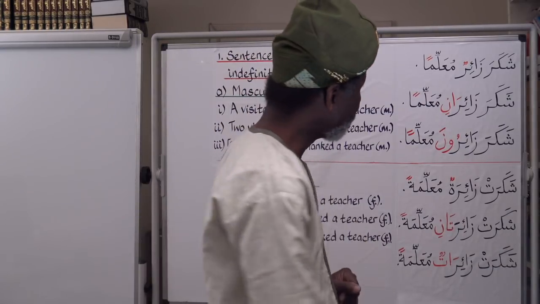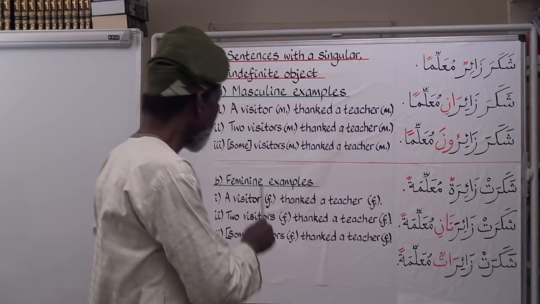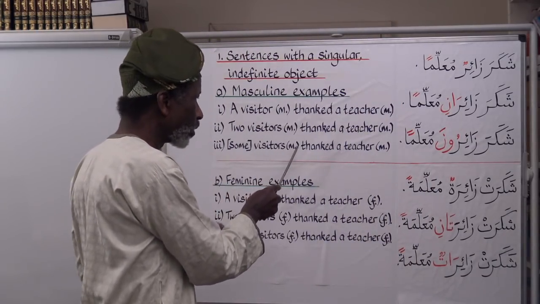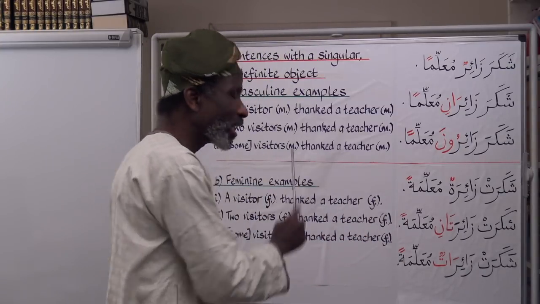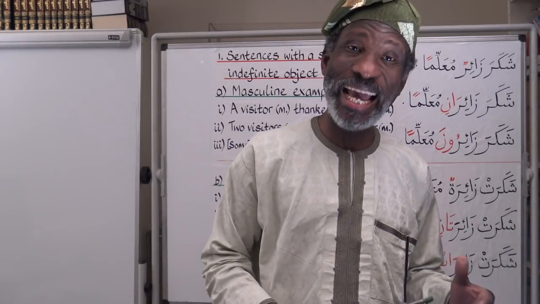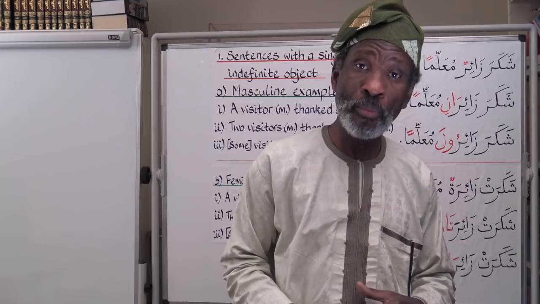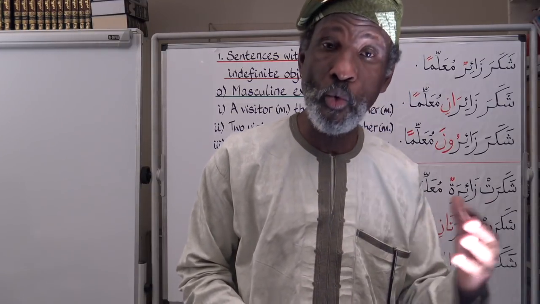The third line, Shakara Zairuna Mualliman. Some visitors, meaning three or more, thanked a teacher. You may remember the nominative case ending when we are dealing with a regular masculine plural is the una ending.